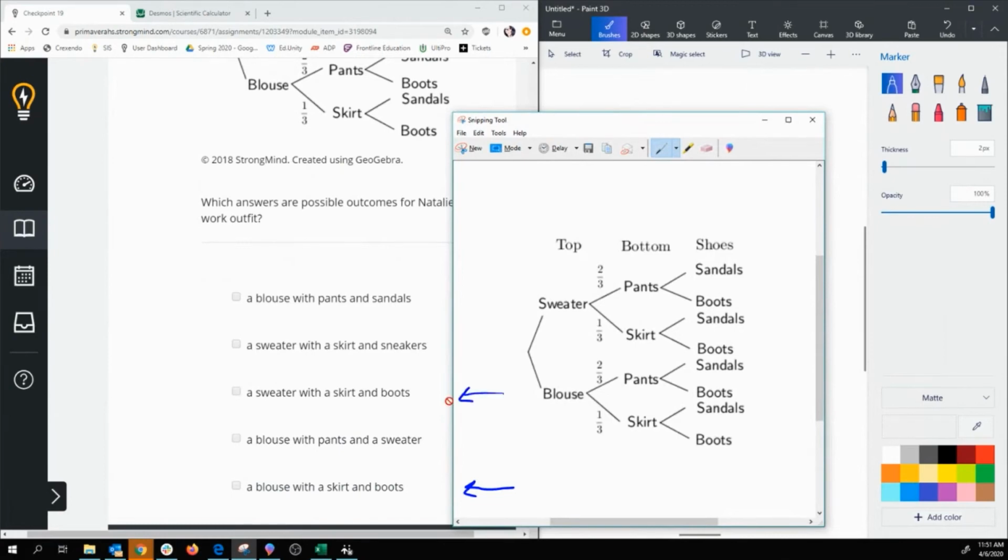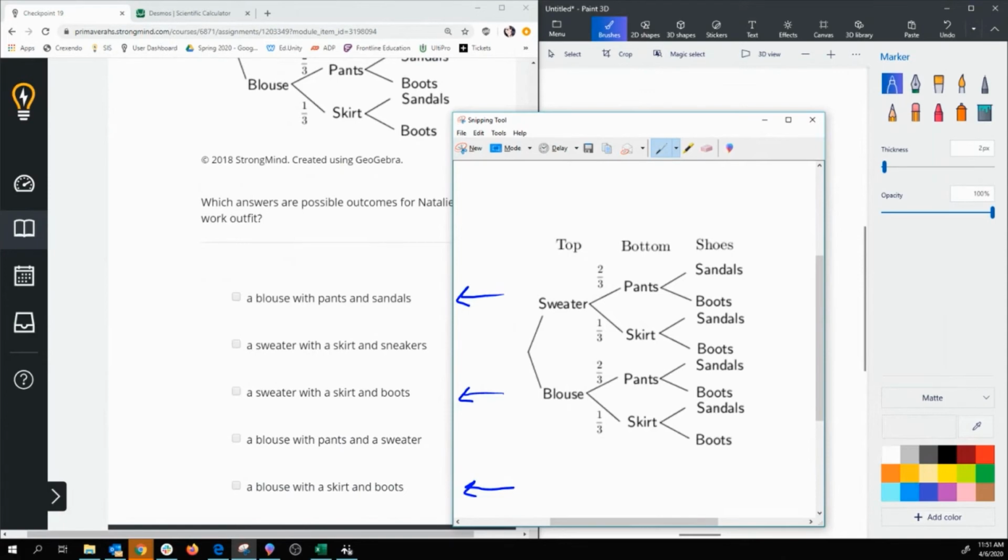A sweater with a skirt and boots. A blouse with pants and sandals would also work, right? Guys, double check with me. So for this one, there's actually 3. I think on the other one, there might have only been 2. But it's weird because it's the same question.